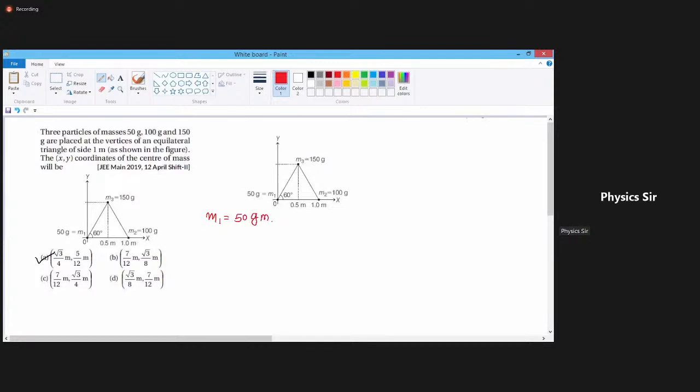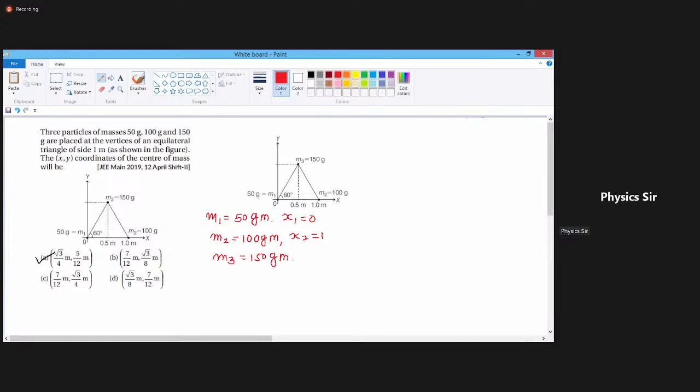The value of m1 is 50 gram, right. And what is the value of x1? x1 is 0. I can take this m2 as 100 gram, and the distance x2 I can take as 1. And this m3 I can take as 150 gram.